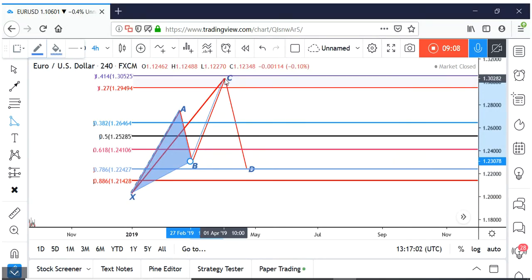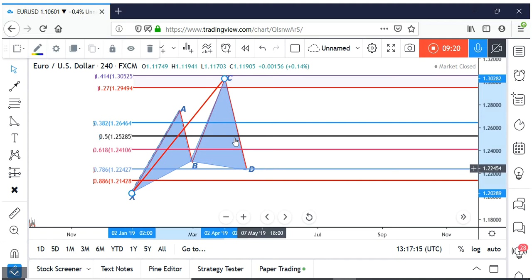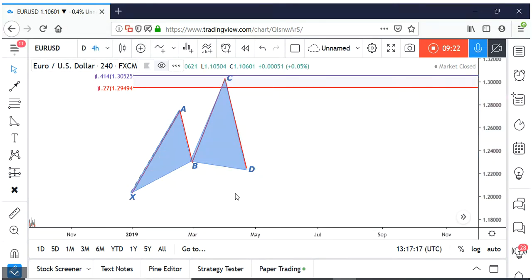So this happens all the time in the chart. This is actually one of my best chart patterns, and it's very profitable as well. So this is the CYPHER completion. The D leg is here. So this is where you buy.